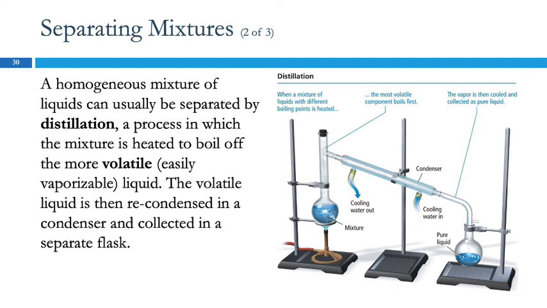What happens when you cool a gas? It turns into a liquid, right? It's called a condenser because it condenses the gas into a liquid, and then the liquid runs down here, and we can capture it in another flask. And so we'll get the alcohol here, and the water would get left behind. And that's separating based on difference in boiling point. We do that a lot in organic chemistry.